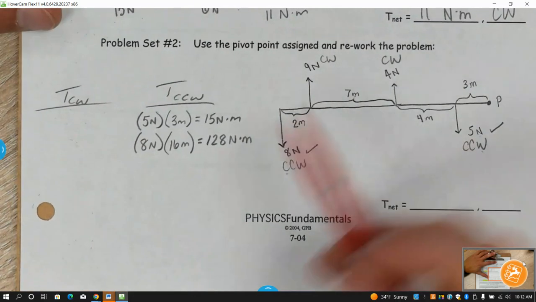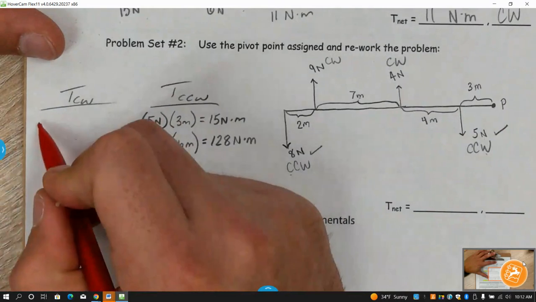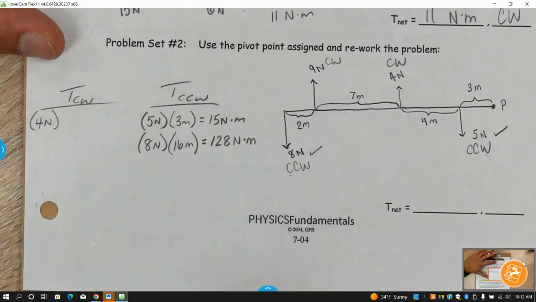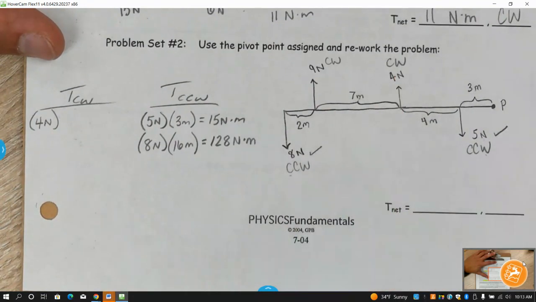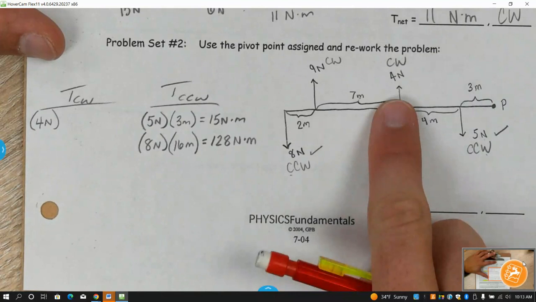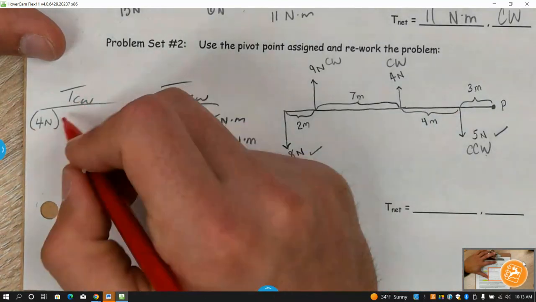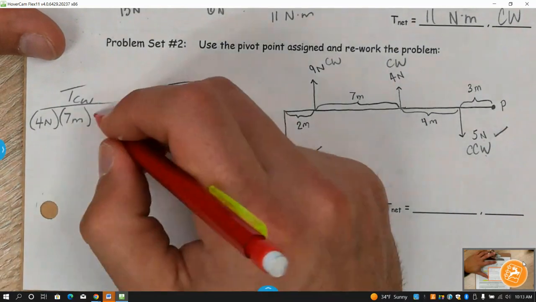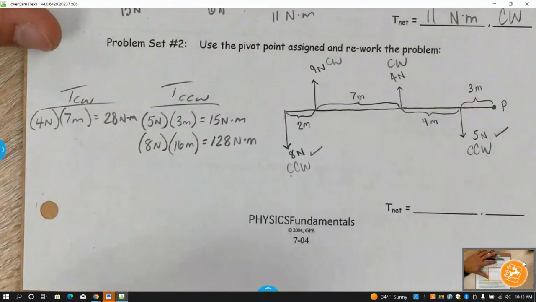Now I can go to the clockwise. The first clockwise force, or torque, that we're going to see is 4 newtons. And how far is this 4 newton piece from P? Well, if 4 newtons is here, you're 3 plus 4, which is a total of 7. 4 times 7 is 28 Newton meters.